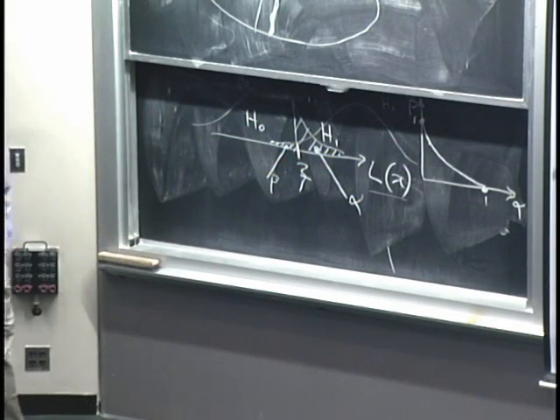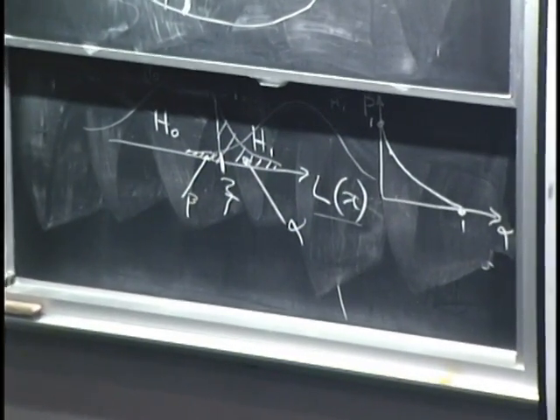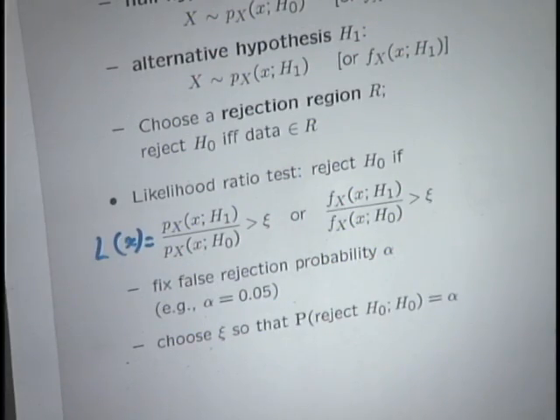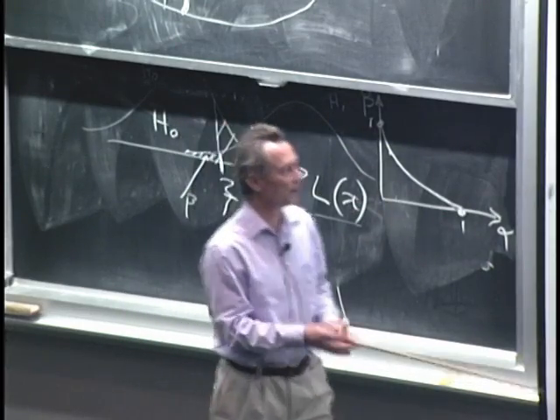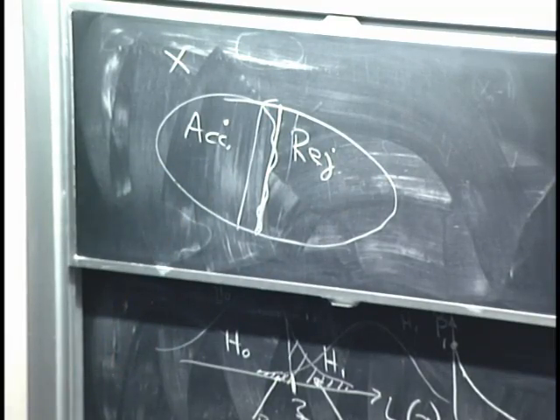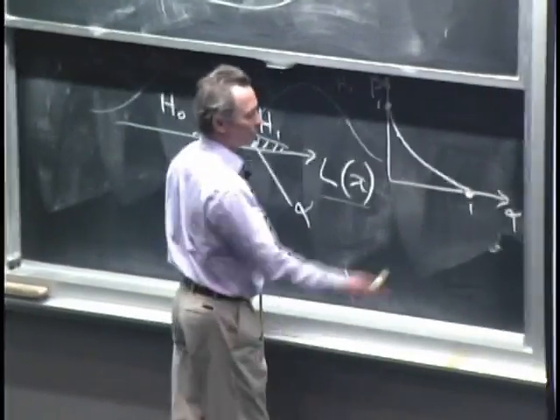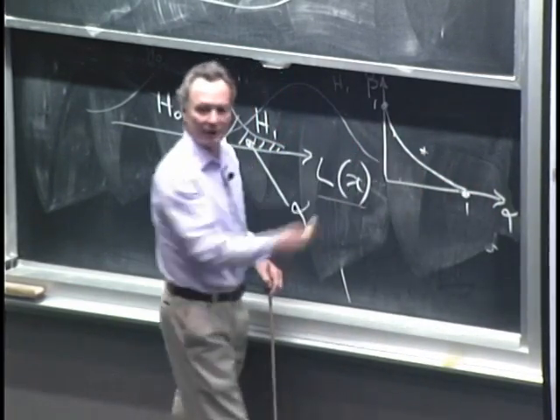Now, there's a general and quite important theorem in statistics, which we're not proving, and which tells us that when we use likelihood ratio tests, we get the best possible trade-off curve. You could think of other ways of making your decisions, other ways of cutting off your X space into a rejection and acceptance region, but any other way that you do it is going to end up with some probabilities of error that are going to be above this particular curve.